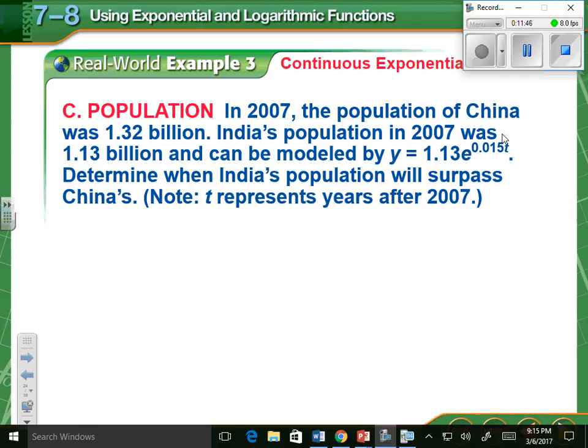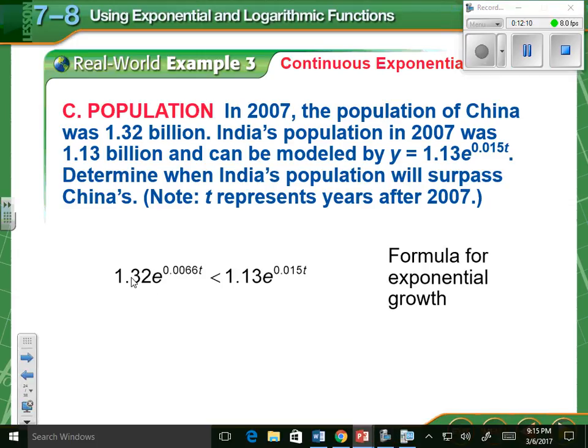Because India is growing at a rate of about 1.5%, move the decimal over twice, when China was only growing at 0.66%. So if India is growing faster than China, then at some point they will pass it up. They will pass China up in population. So the 1.32, which represents China's growth, will be less than India's growth at a certain time.